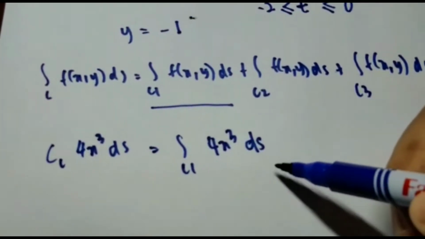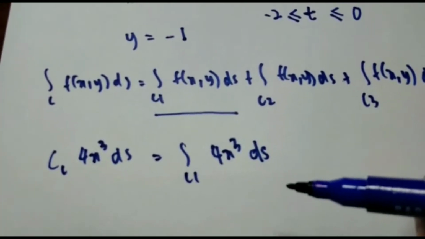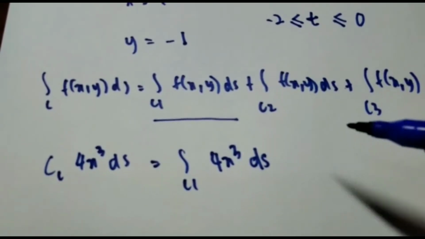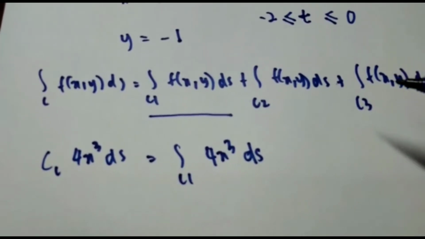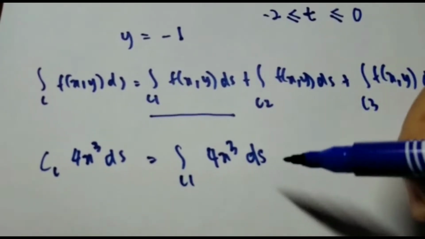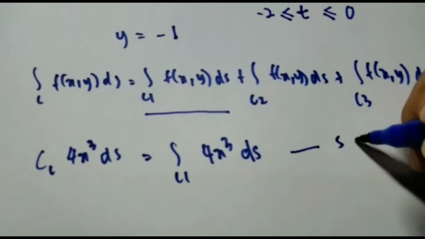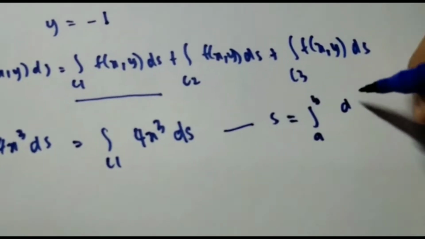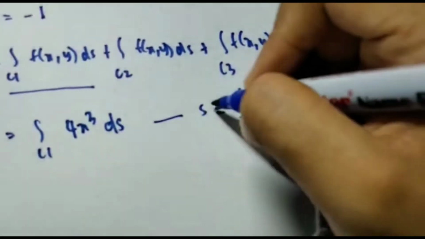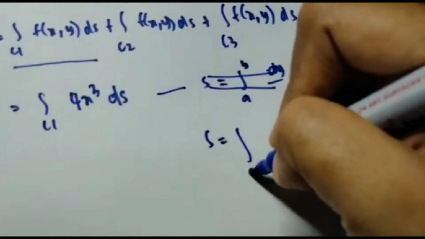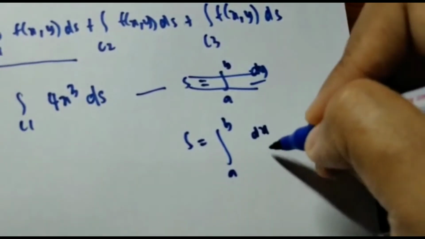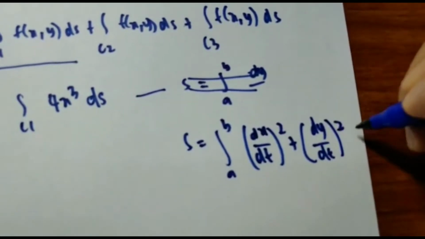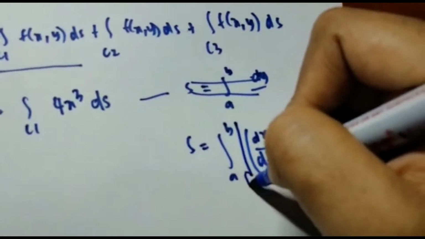This is not dx, not dy, so not individually with respect to x or y, but with respect to s. s is the arc length, so we cannot directly apply the earlier formula. For the line integral of f(x, y) along C with respect to arc length, we use this formula: the integral from a to b of the square root of (dx/dt) squared plus (dy/dt) squared, and don't forget dt.